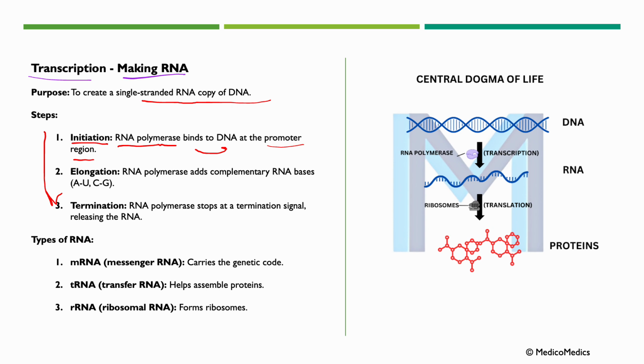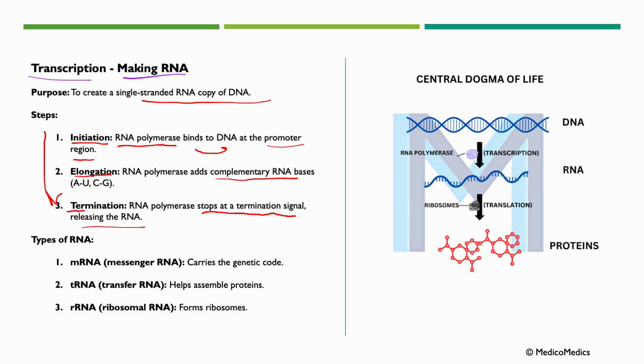The second step is elongation, so RNA polymerase adds complementary RNA bases. And finally, we have termination, so RNA polymerase stops at a termination signal, releasing the RNA.